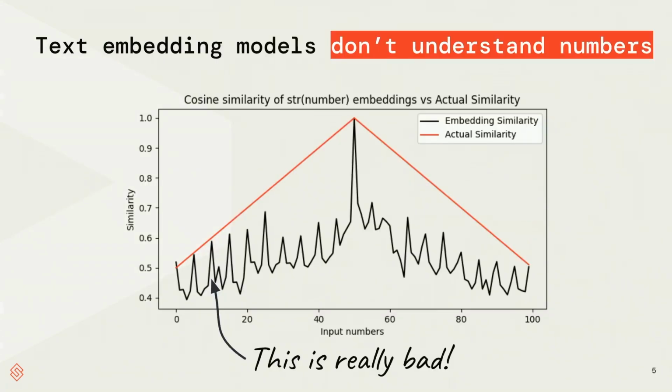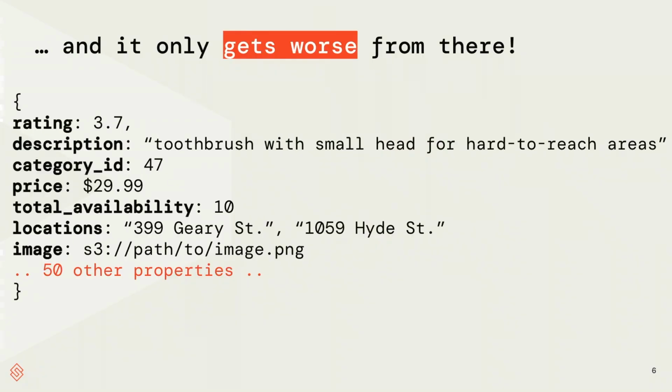If you try to do that, this is a very simple experiment you can all replicate. Just take 100 integers, 1 to 100, stringify them, make embeddings, and plot them, and just understand how the latent representation in a text encoder looks like for numbers. It's basically noise, and then obviously it only goes bad from there because you have objects with tens of properties, and those properties are location and numbers and lists of IDs and all of that, right?